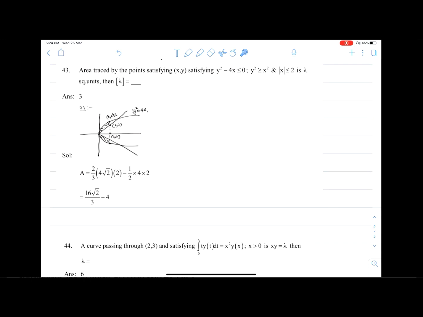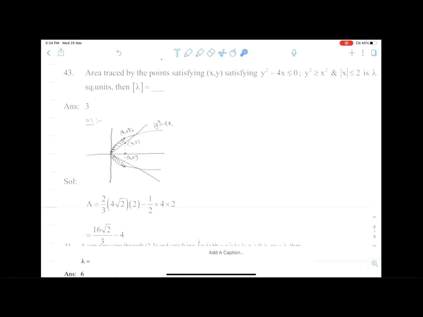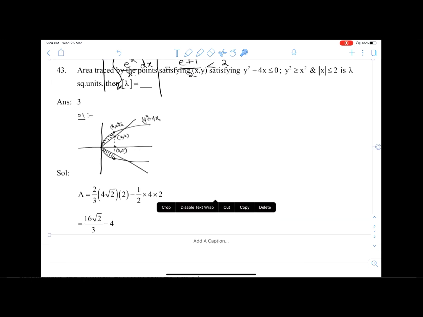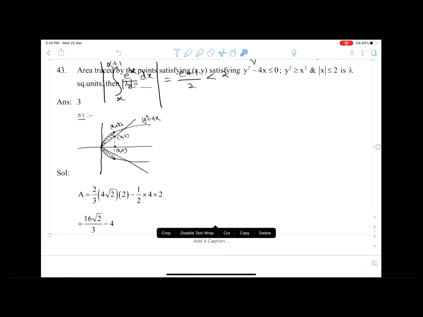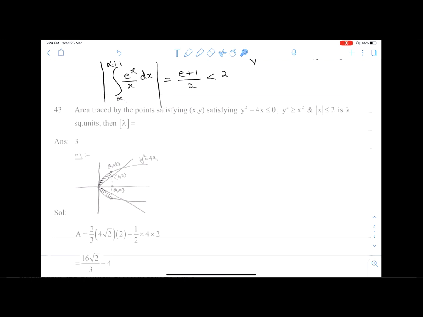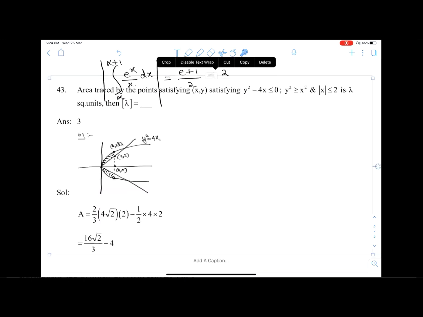So we'll just try to draw the graph here. I'll zoom it a little bit. So this is the graph. This is y square equals 4x. This graph is y square equals x square.